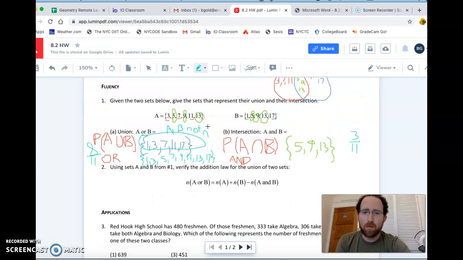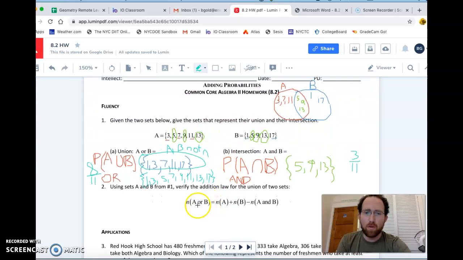Verify the addition law for the union of the two sets. So A or B is going to be all of this equals this plus this minus this.